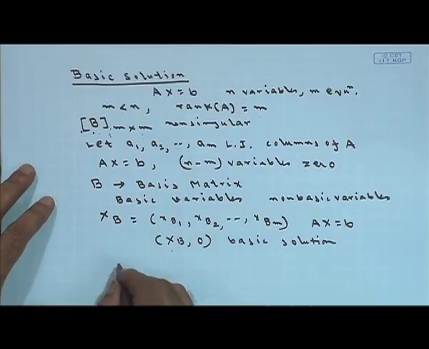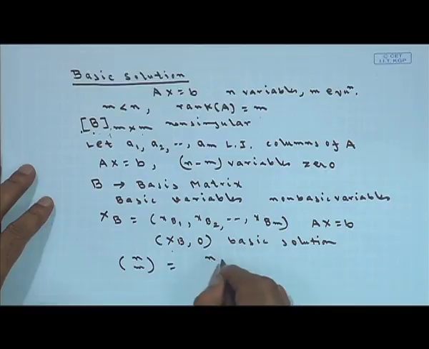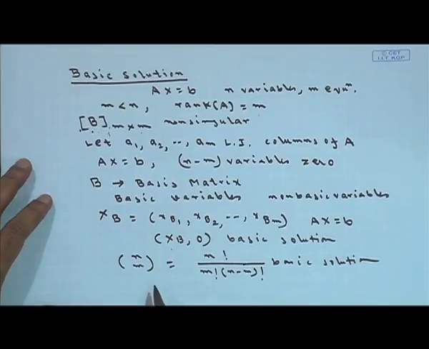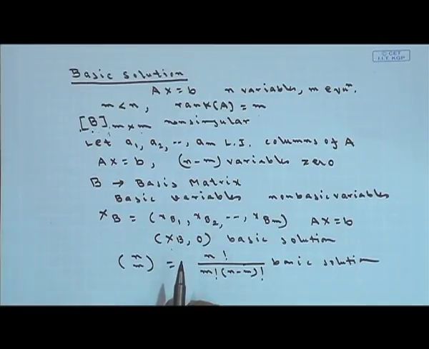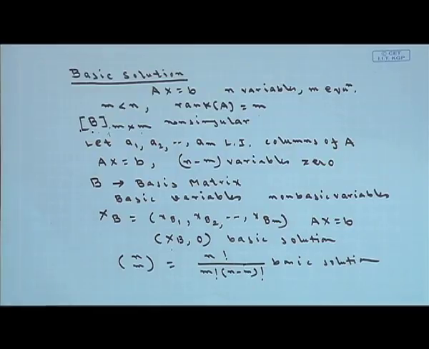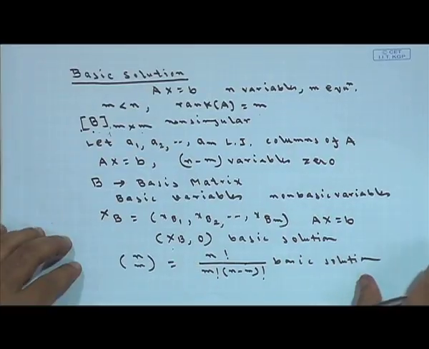If you have n variables and m equations, you will have at most factorial n by factorial m into factorial n minus m basic solutions, obtained by making all possible combinations.